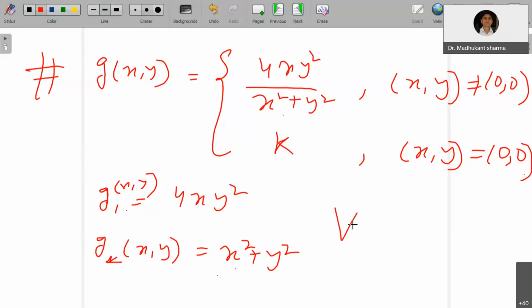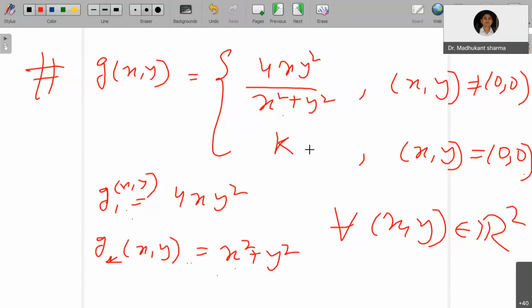For all (x, y) belonging to R square, G1 is continuous and G2 is continuous. So their division will also be continuous everywhere except at the point where the denominator vanishes. That's what we have just learned. The denominator vanishes only at the point (0, 0), no other point. So we need to check only the continuity of the function at (0, 0). I hope you understood.